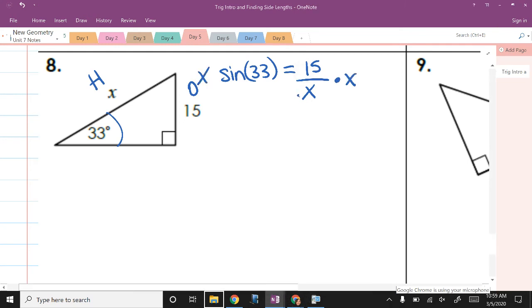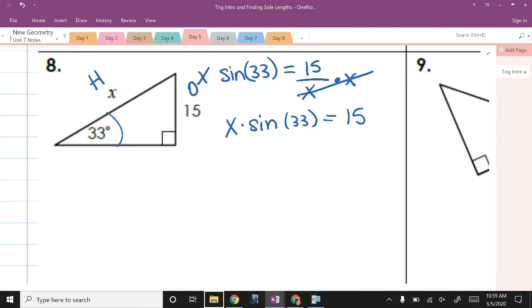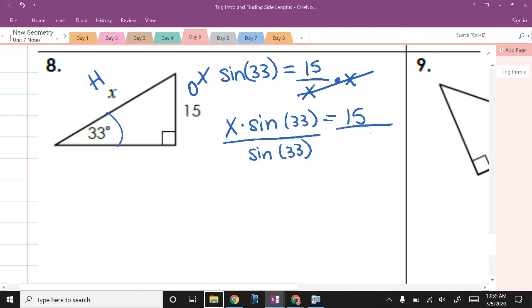So those cancel. So I have x times sine 33 equals 15. Now, x is not by itself yet. It's multiplied times sine 33. So how do I get rid of sine 33? Yeah, divide by sine 33 on both sides. So this one takes a little bit of work, like I said, to solve for x.